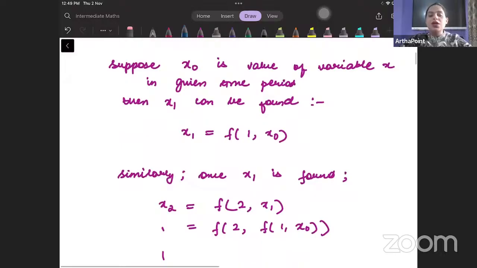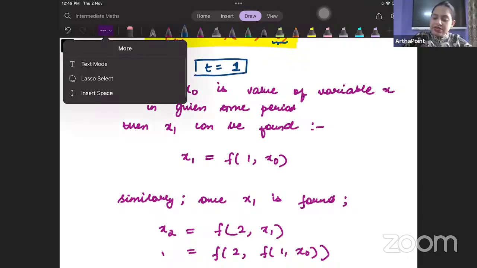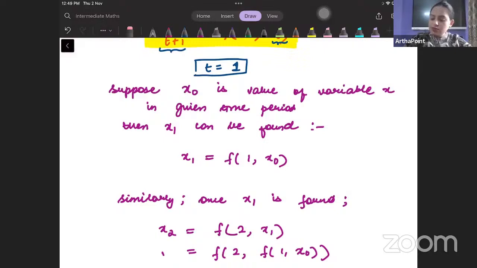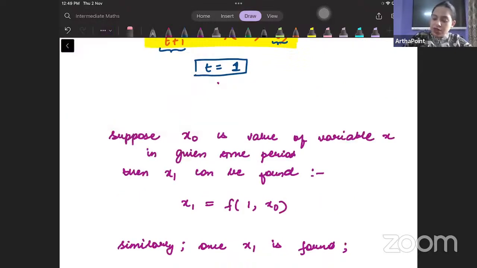Okay, beta. Now, suppose I take t is equal to 1. So, how did I represent the general case? xt is a function of t and xt minus 1.